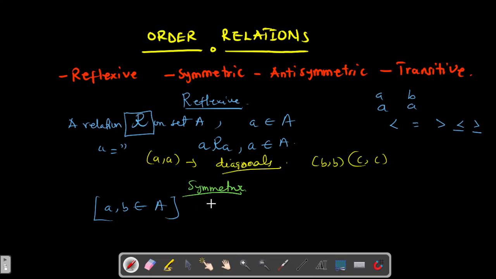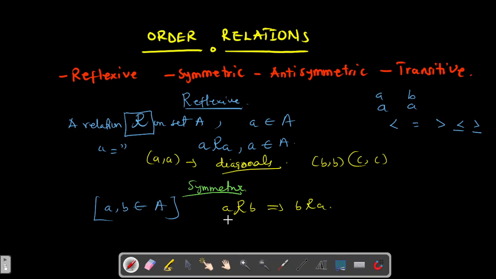Now, when do we say that a and b will be symmetric? I'll write this here: a R b maps to b R a. This relation is said to be a symmetric relation only if in any two-way you go it is equal.